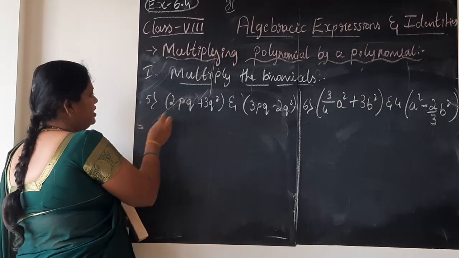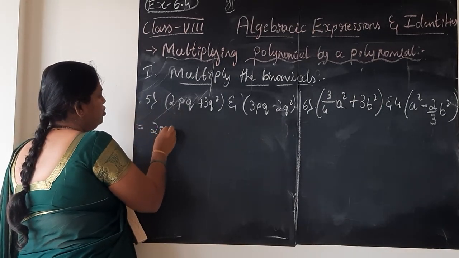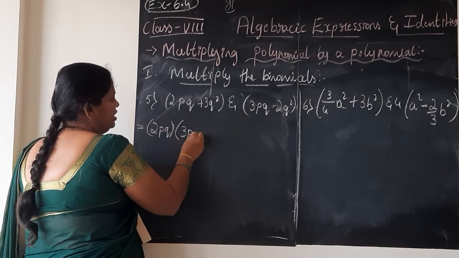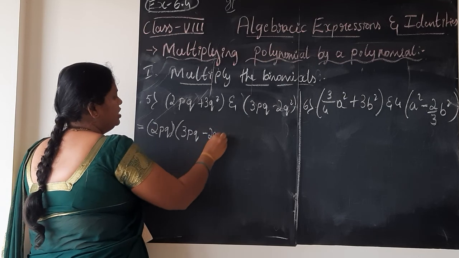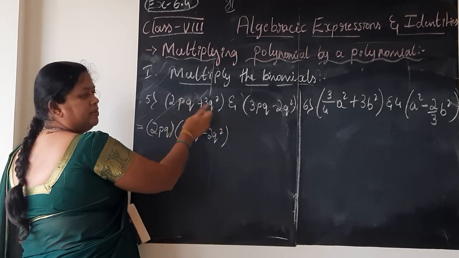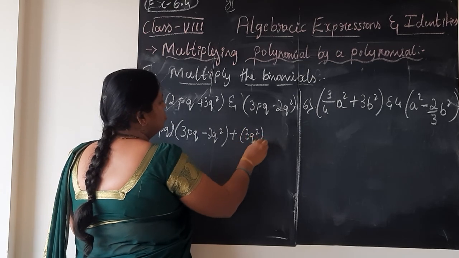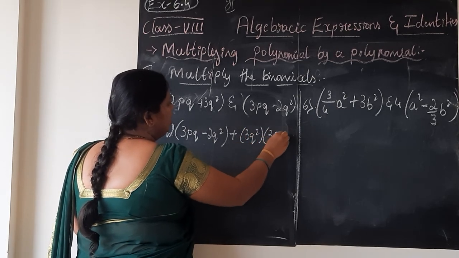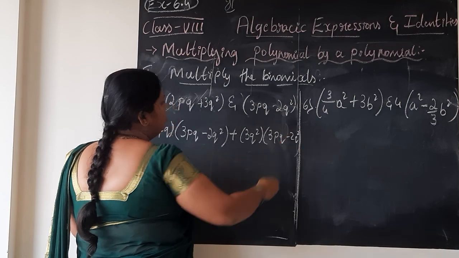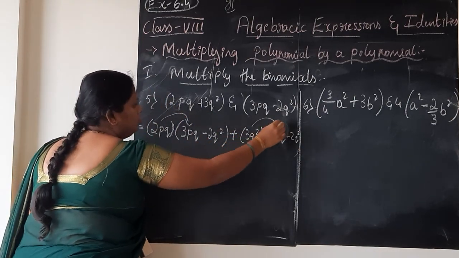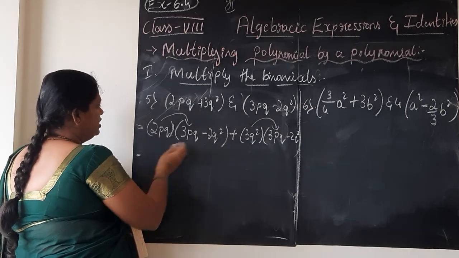So first step is consider the first term 2pq, multiply that with the whole second bracket, that is 3pq minus 2q squared. In between the terms plus sign is there, so plus 3q square into the second big bracket 3pq minus 2q square. In the next step multiply 2pq and 3q square inside those brackets.